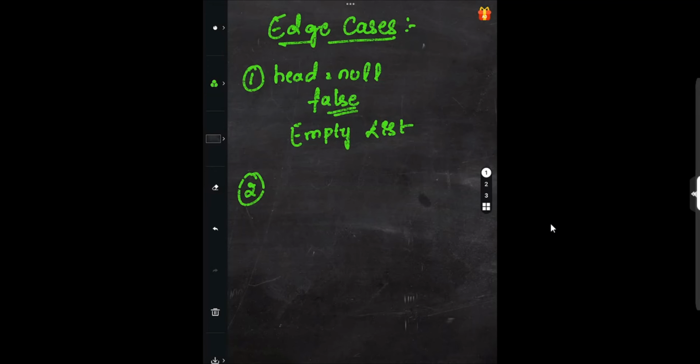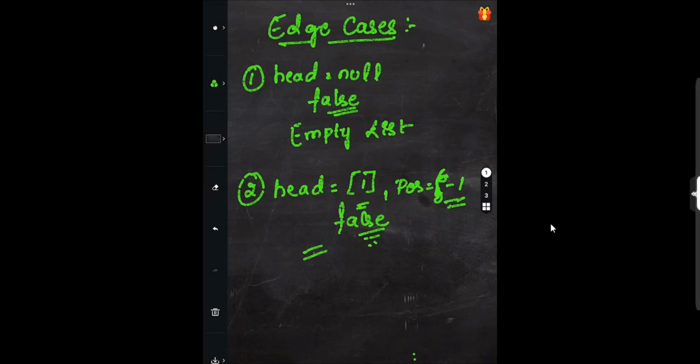Let's move on with the second edge case, a single node with no cycle. I'll consider the input head as 1 and position -1. The output will be false. Why? A single node without any loop cannot have a cycle at all.